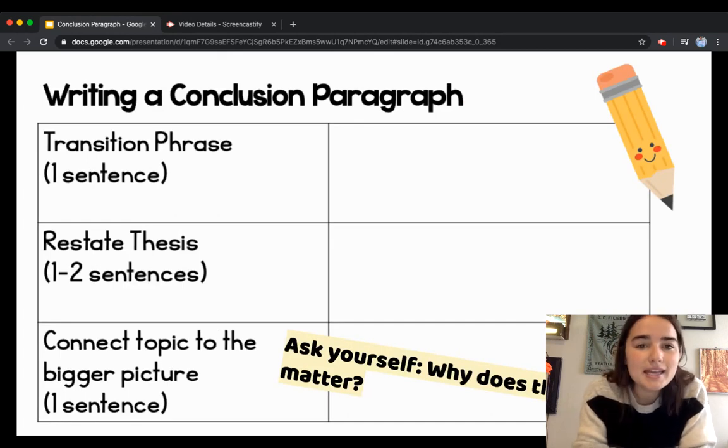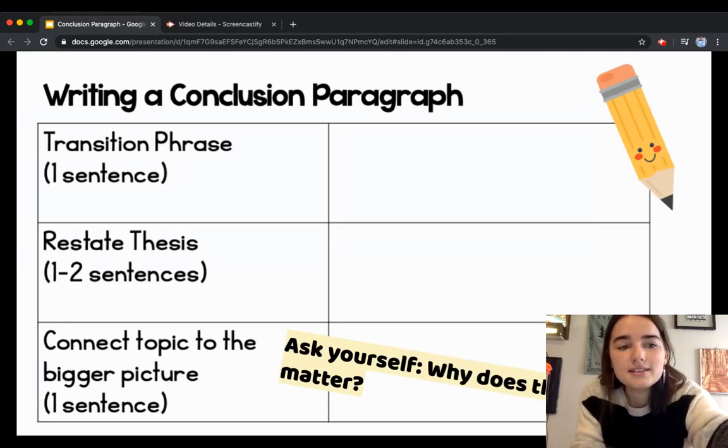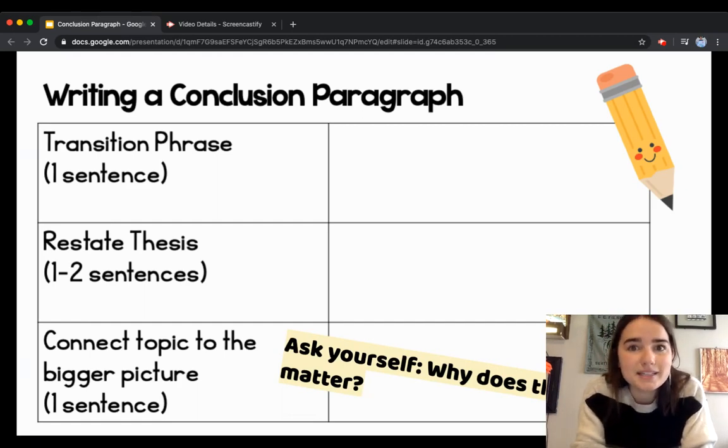When we are writing a conclusion paragraph, this is the structure that we want to follow. The first sentence should be a transition phrase, which we'll get into in a second. The second couple of sentences, we should restate our thesis. We're not going to just copy the thesis word for word.